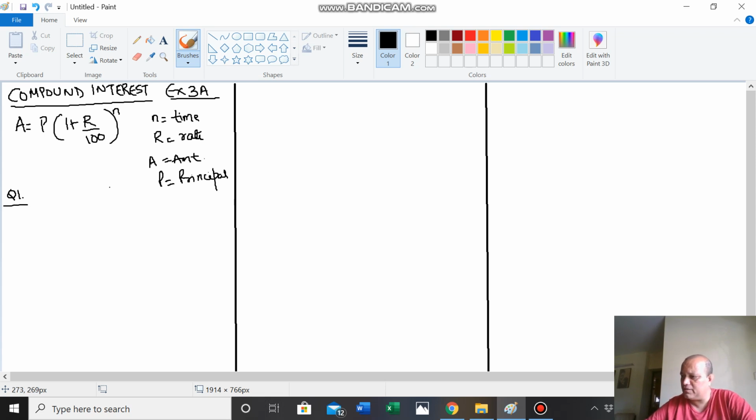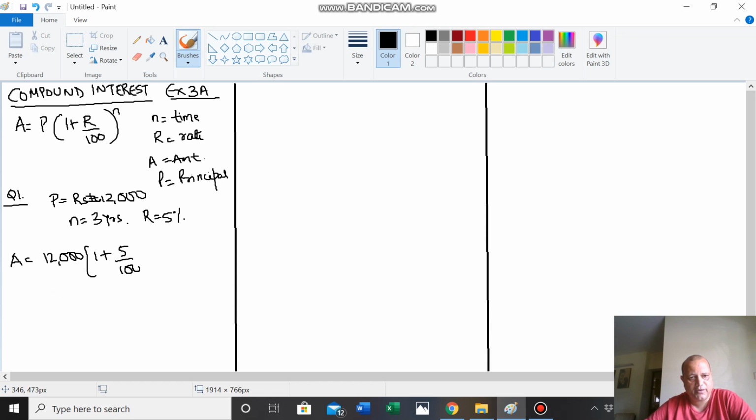Find the amount and the compound interest on 12,000. So P is given equal to rupees 12,000, in 3 years. N is equal to 3 years, and the rate is given as 5% compounded annually. So let's look at this. Amount will be equal to principal, which is 12,000, times (1 plus 5 upon 100) raised to the power 3.